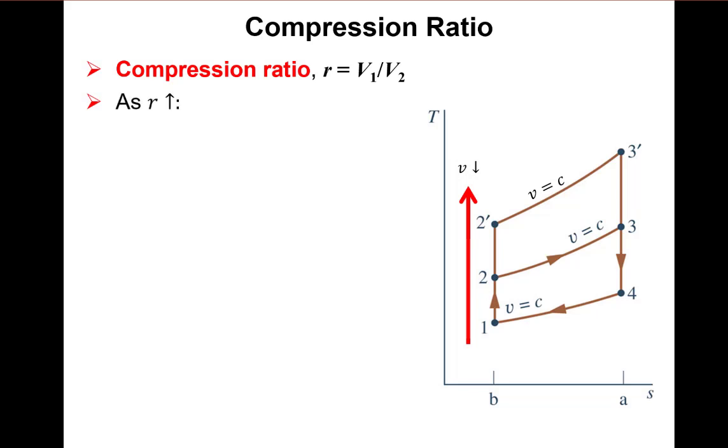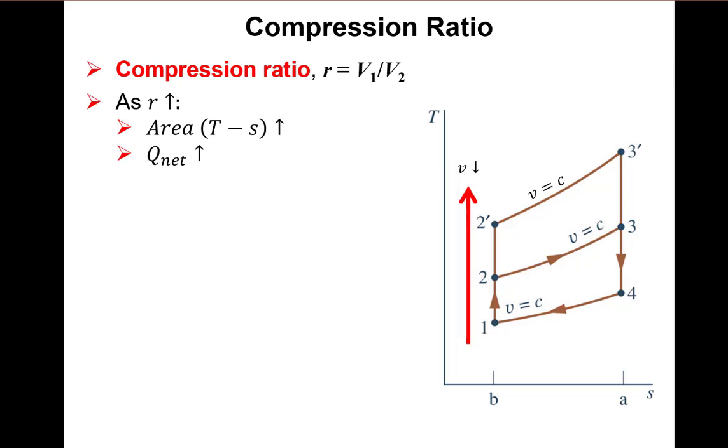So this is kind of helpful. We made this really simplistic model for Otto cycles, but simplistic doesn't mean not useful. Here we can see as we change the compression ratio, the area in our cycle gets bigger. If the area on this TS diagram gets bigger, then the area inside this TS diagram is the net heat.